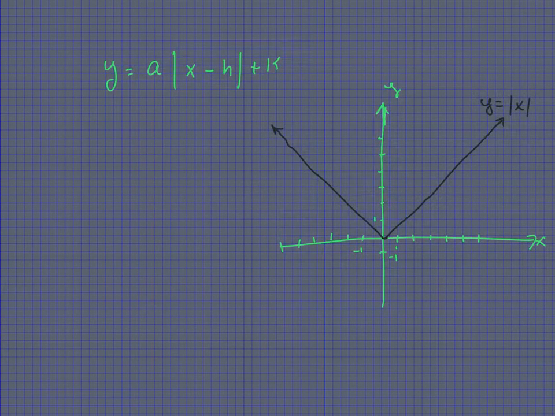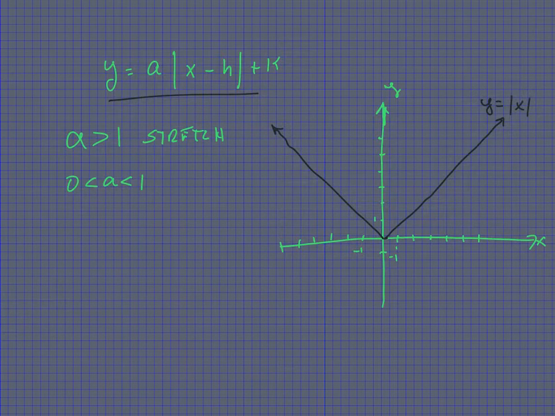And so looking at our transformations, we know that when a is greater than 1, we are stretching our functions, and when a is between 0 and 1, we are compressing a function.